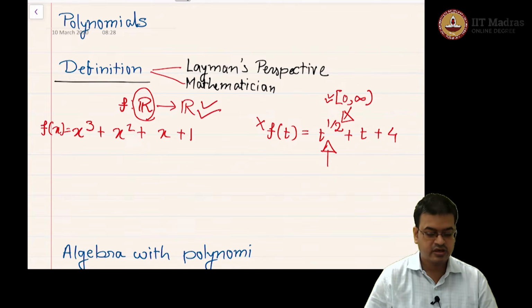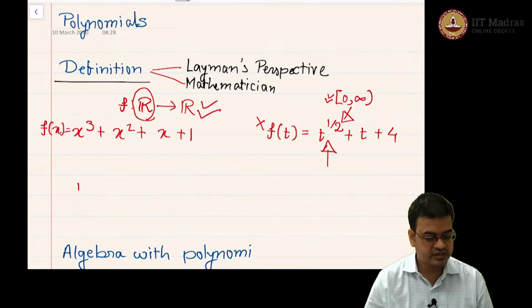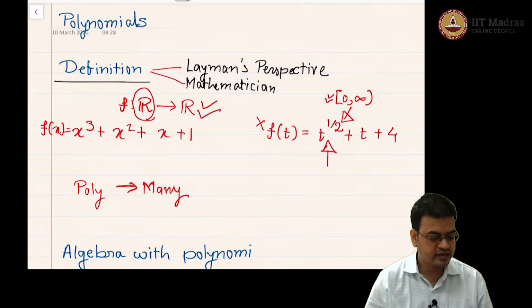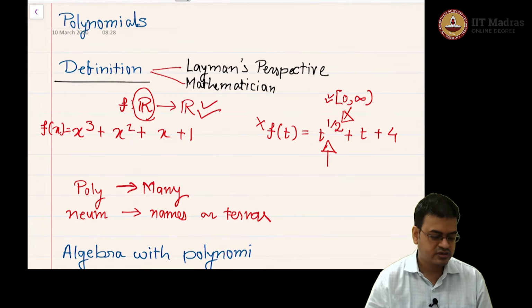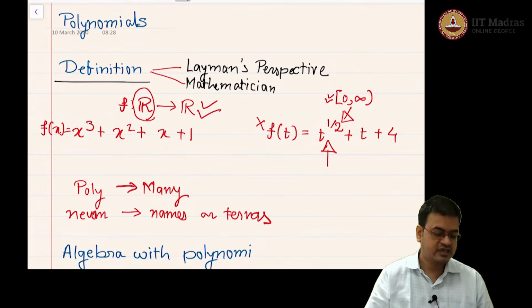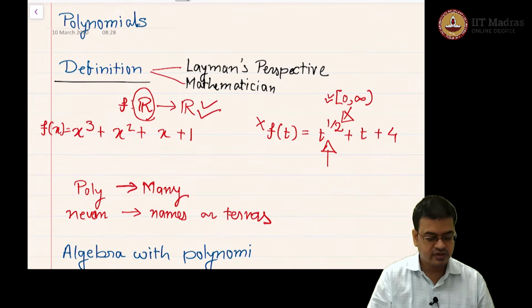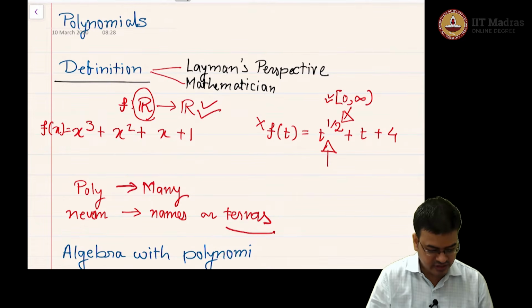So in particular, what is a polynomial? As I mentioned in the introductory video, poly means many, and nomials, from nomes, the plural is names or constituents, or terms to be precise. These are Greek and Latin words, and therefore they are used here, and these are terms.